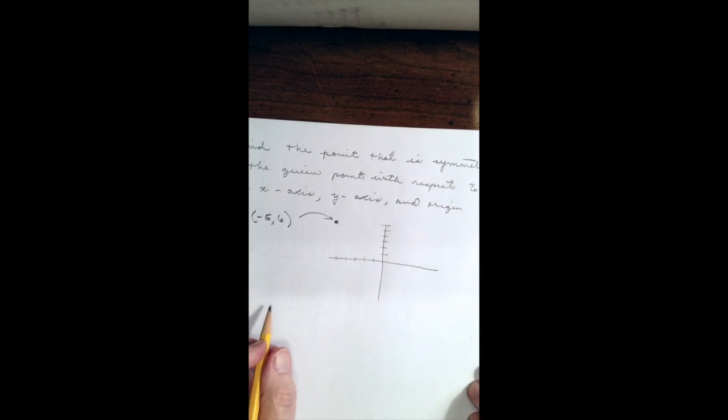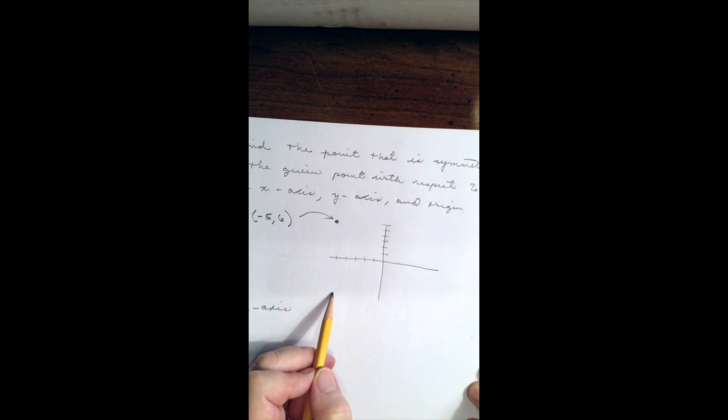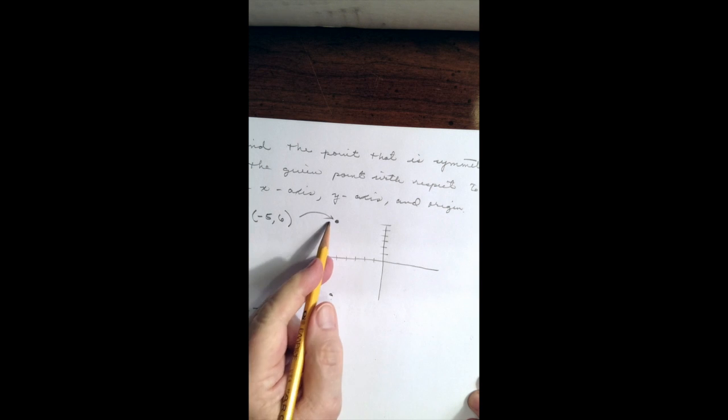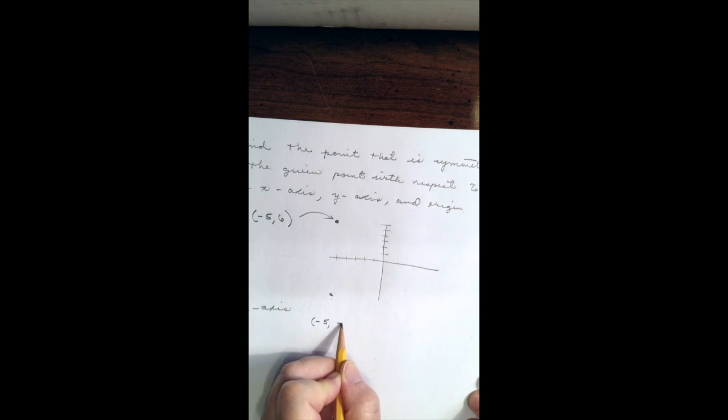And so if we're looking for a point that's symmetric to this point with respect to the x-axis, we find the point on the opposite side of the x-axis and then just determine what the coordinates of that point are. Well, it will have the same x, so -5, but opposite sign for y, so -6.